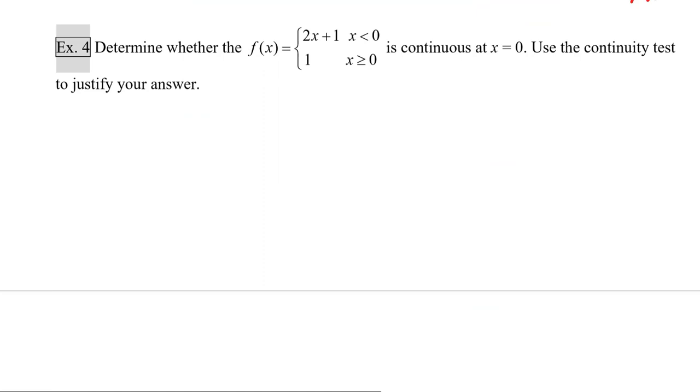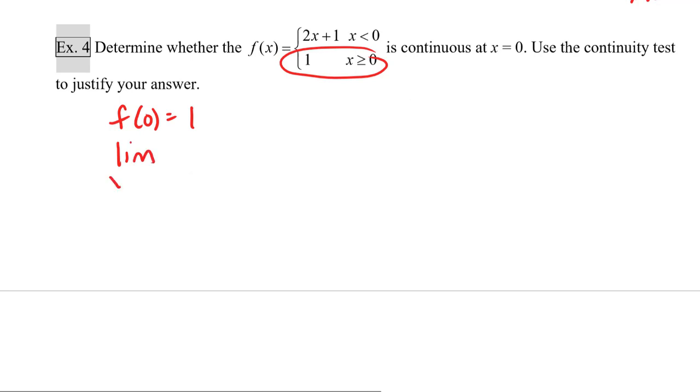Example 4, determine whether the piecewise function is continuous at x equals 0. Use the continuity test to justify your answer. All right, the first thing we want to do is evaluate f of 0. And f of 0, I get from this piece of the function that is equal to 1. Next, I have to evaluate the left and right hand limits because this function changes to the left and the right of x equals 0.